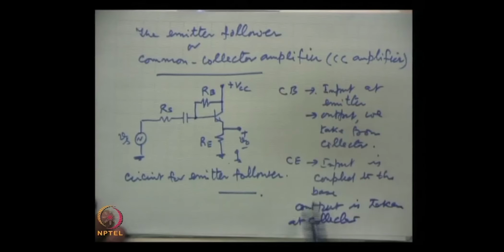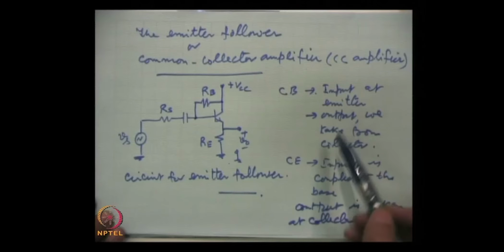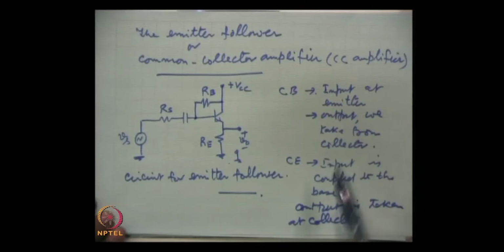The difference: input at emitter, output at collector in CB. Here the input is coupled to the base and the output is taken at the collector. This is what we have been doing earlier.